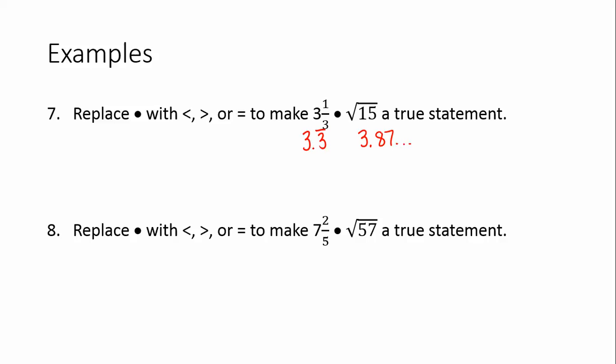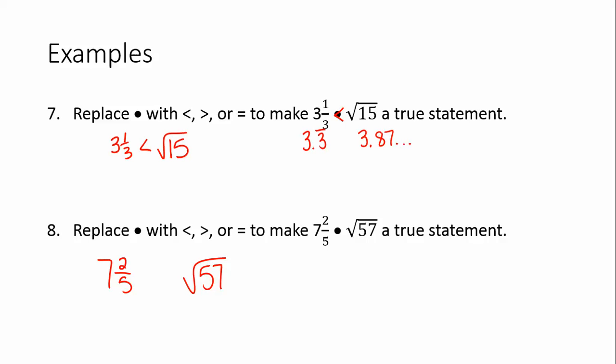So now it's a little easier to compare the two numbers. We have 3.3 repeating and 3.87. And hopefully you're recognizing that the first number is less than the second number. So 3 1/3 is less than the square root of 15. For number 8, we have 7 2/5 and the square root of 57.